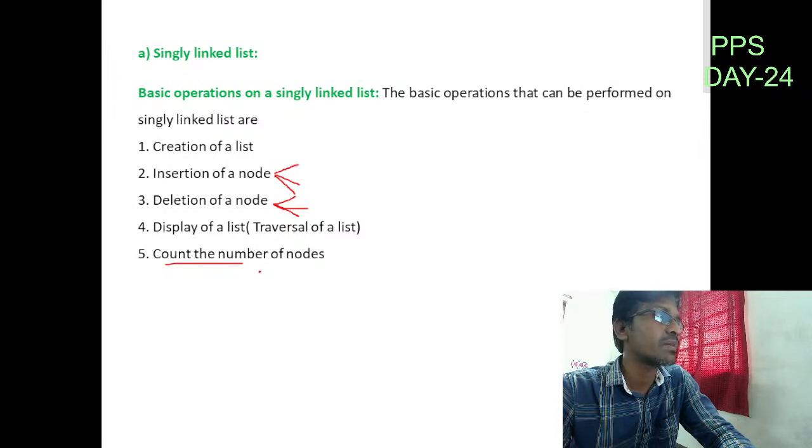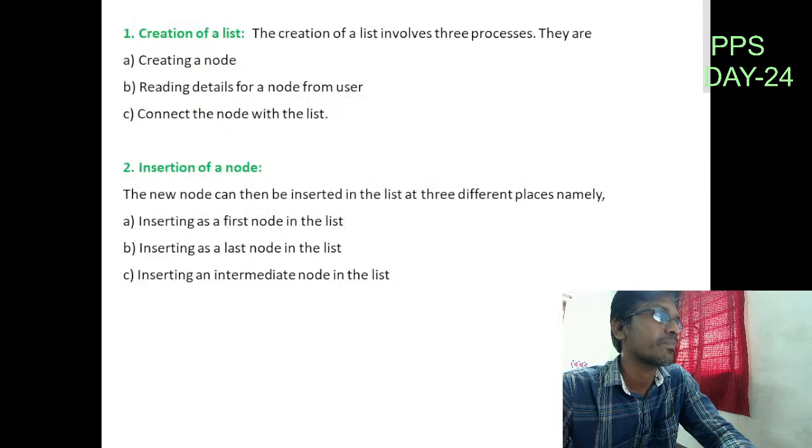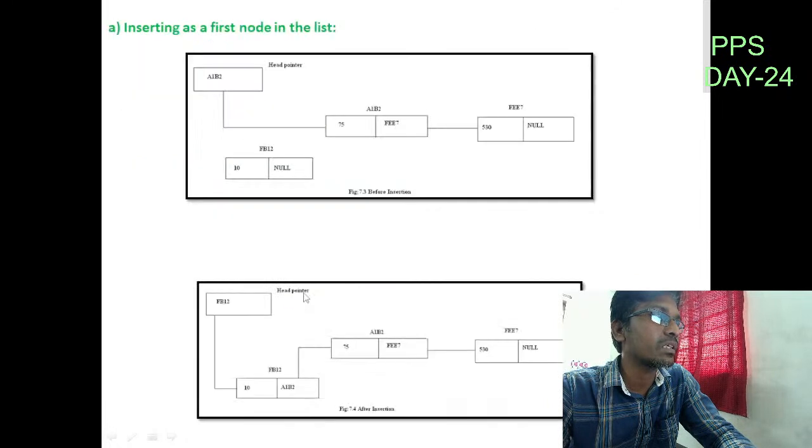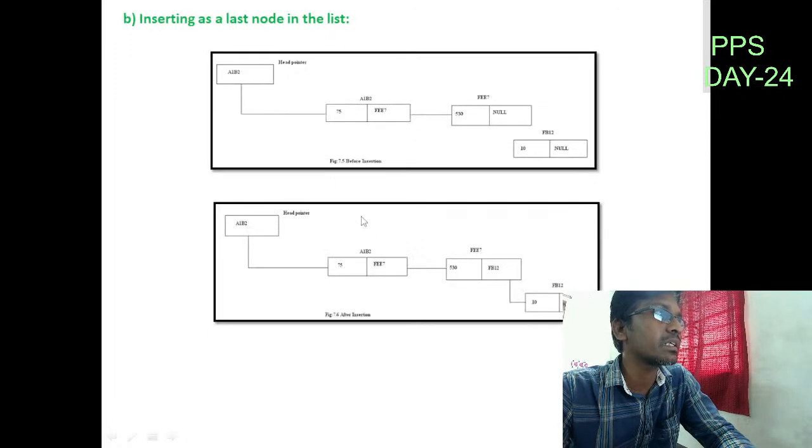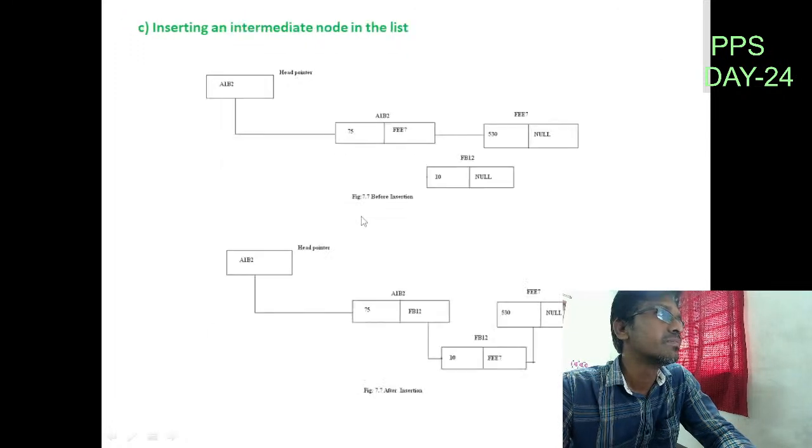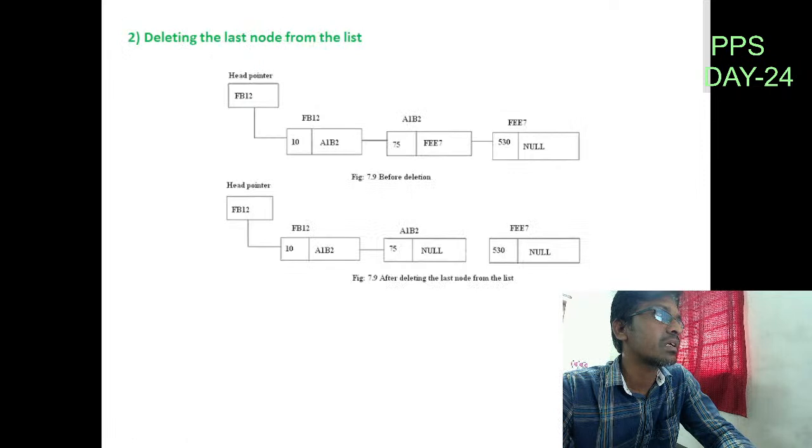So these are the different operations that can be done on a single linked list. Yesterday I explained how to create a linked list and how to insert, with the help of diagrams, in the previous class. So I will skip all this.